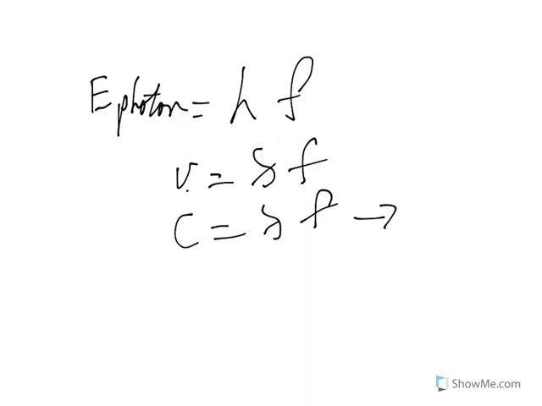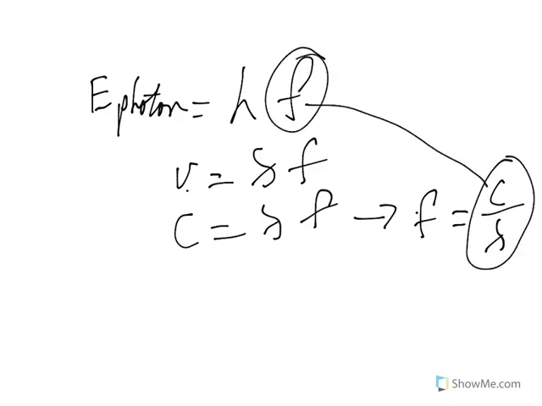We rearrange that, and we get that f is equal to c on lambda if we divide both sides. Then we put this in instead of f, and so we get that the energy of a photon, and this is the other gap in your notes, is equal to hc on lambda, where h is Planck's constant, c is the speed of light.